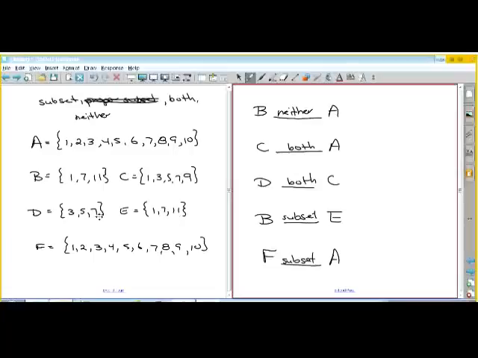But let's say I wanted to do D relative to F. So here's D, here's F. So 3 is in both of them, 5 is in both, 7 is in both. So every element in set D is an element in set F. Therefore, it is a subset. But because they're not identical to each other, it's also a proper subset. So in this case, it's both a subset and a proper subset.